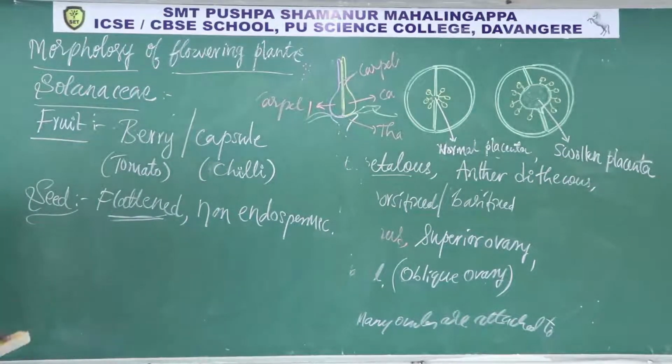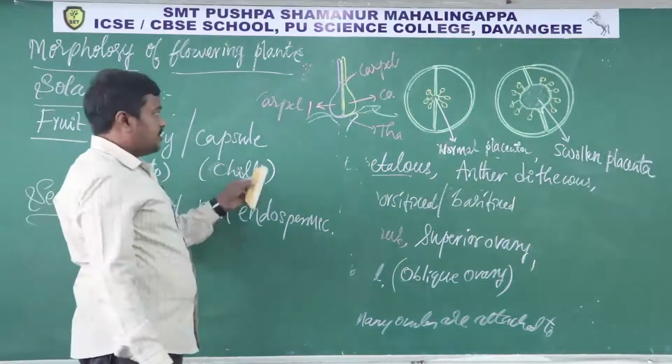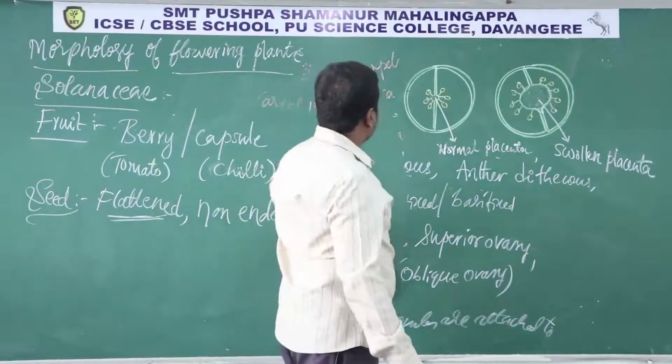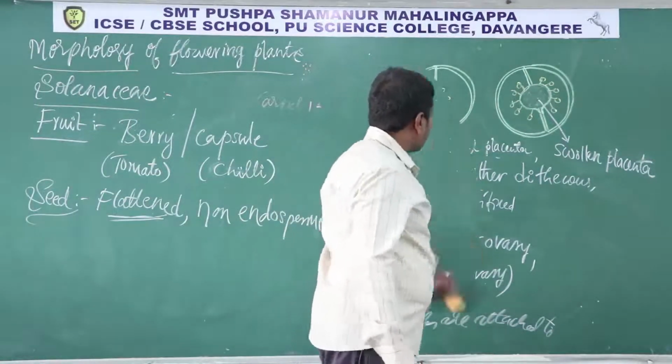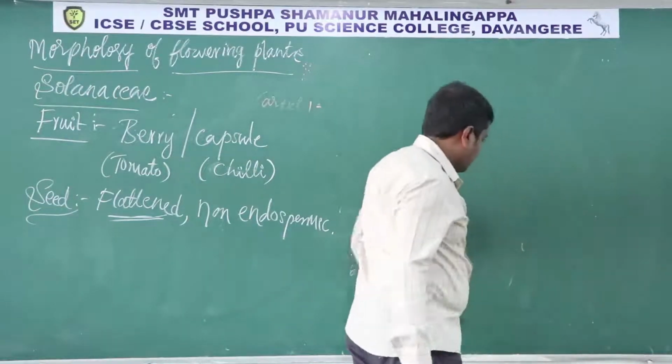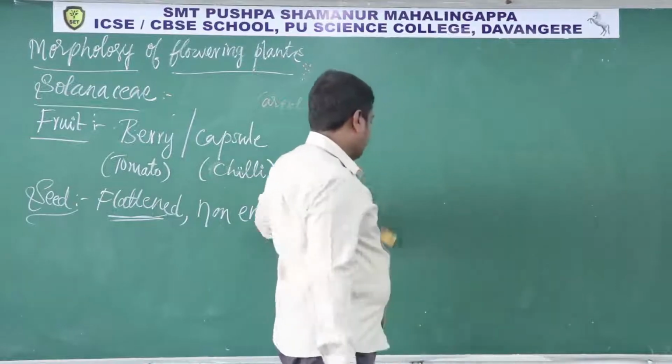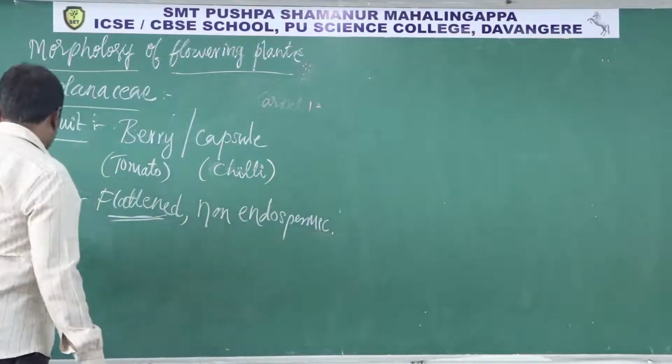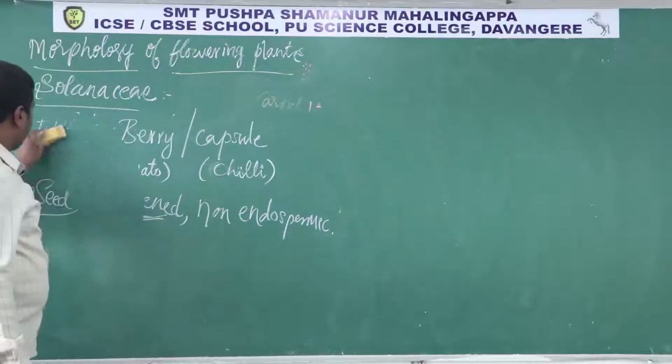Okay, so this is about the vegetative character and floral characters of the family Solanaceae. Okay, so now let me write the floral diagram and the floral formula.